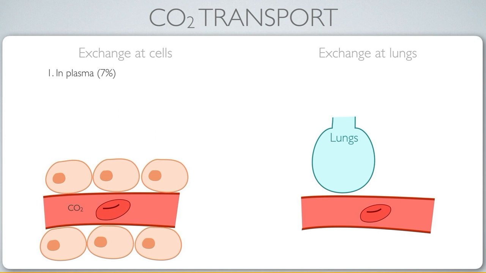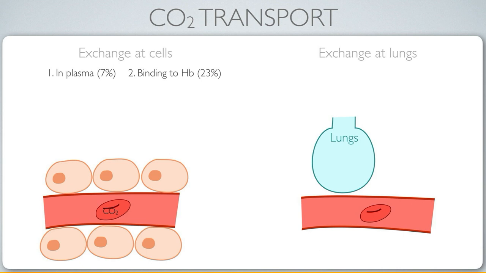And that accounts for almost a quarter of CO2 transport: binding to the hemoglobin in the red blood cells. So we think of red blood cells as being oxygen transporters. They also, it turns out, transport a fair amount of CO2.